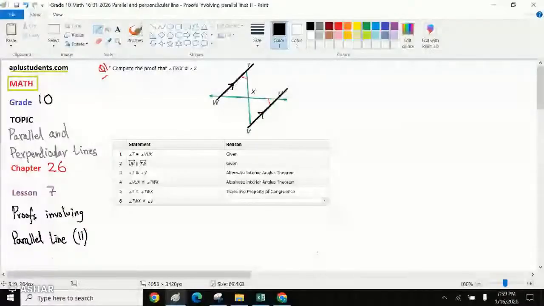In the second statement, it's given that this angle WTX is equal to this angle. That means this is XVUX, right? This is also given to us.